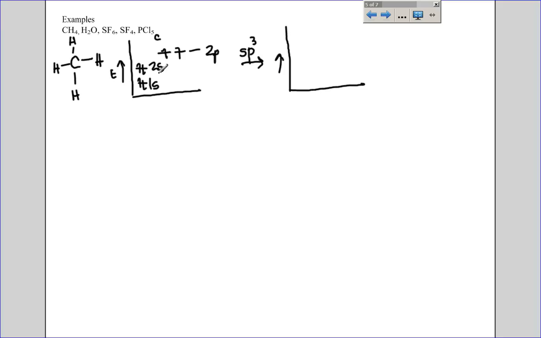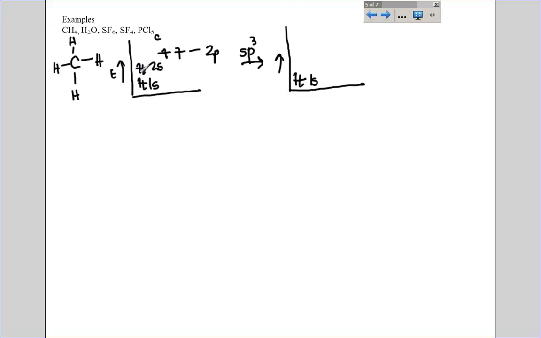Now, when we hybridize, we're just going to be hybridizing the valence orbitals. So I'm going to blend or combine these orbitals together, this s and these 3 p orbitals. So the 1s orbital is still going to remain the same in the carbon after hybridization.